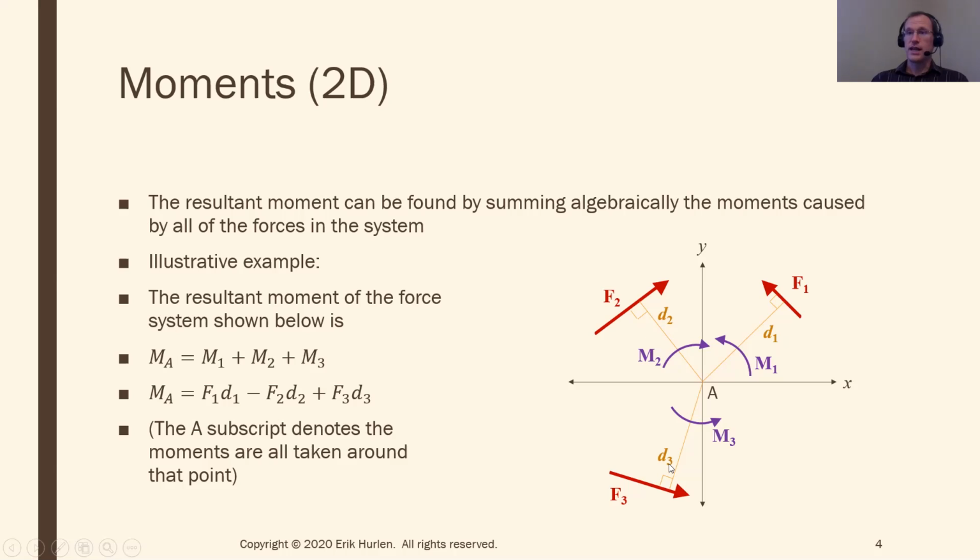However, I do want to take direction into account, because again, these are vectors. So I do also want to take into account whether these are going clockwise or counterclockwise. Essentially what I do is pretend these perpendicular distances are like strings. So distance d1 is like a string attached to point A and attached to the force.